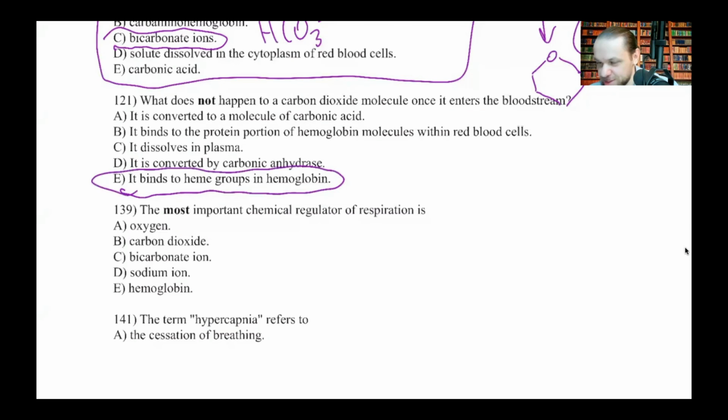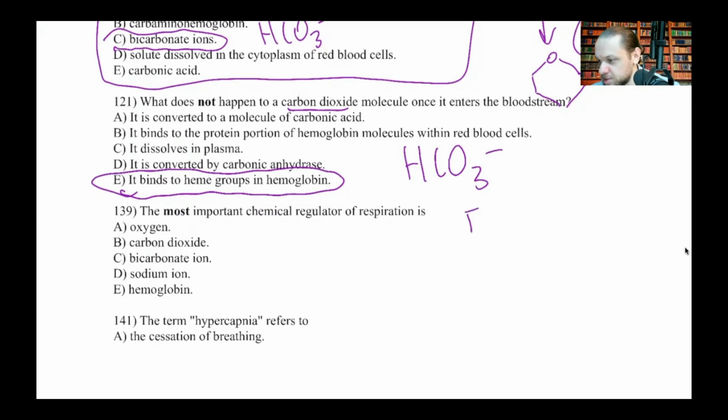Excellent, right? I was kind of hoping you guys get this one right. So what does not happen to carbon dioxide? It either gets broken down, combines with water and makes bicarbonate, which is the predominant thing found in the plasma, or it can bind to the carboamino unit, which is basically the globin chain of the hemoglobin, but it does not bind to iron.